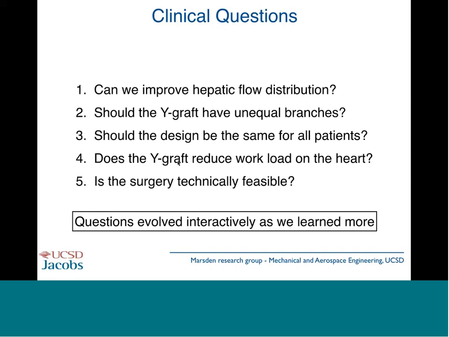And in thinking about the energy loss question, does the Y-graft actually reduce workload on the heart as we originally hypothesized? And finally, and probably most importantly, is the surgery even technically feasible? The point I want to make here is that these questions evolved really interactively as we learned more, both from the clinic and from the simulation side.